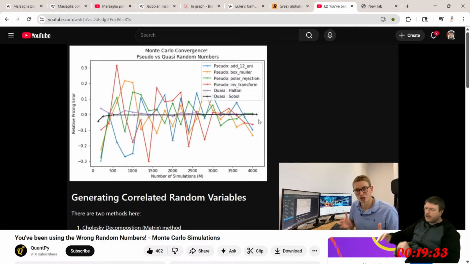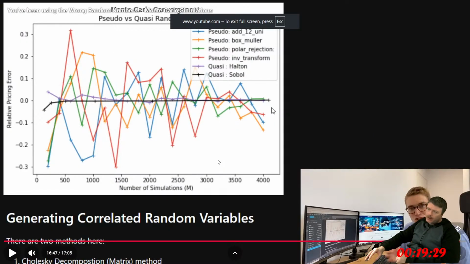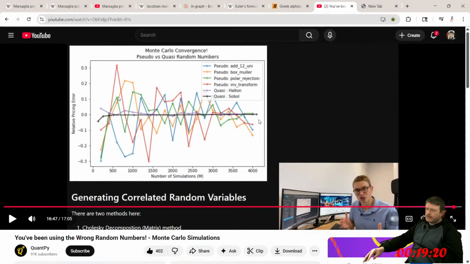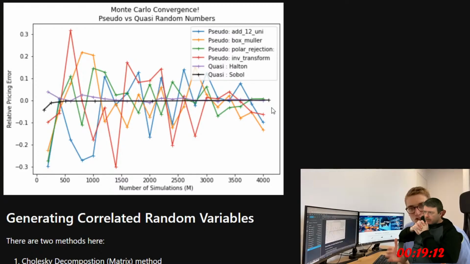What does this tell us? Number of simulations and then relative error. So whenever it goes up in error, this is bad. So which one goes?